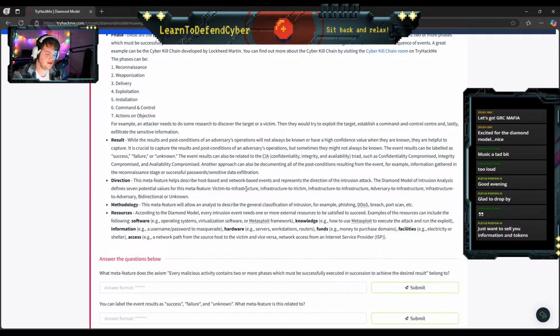So victim to infrastructure, I'm assuming they are talking about any actions that come from whoever's compromised to the malicious infrastructure, any action that comes from the infrastructure to the victim, any action that comes from one piece of their malicious infrastructure to another, any actions they take to their infrastructure, and then any actions the infrastructure takes to them. Then bidirectional, I'm assuming, just happens in two ways.